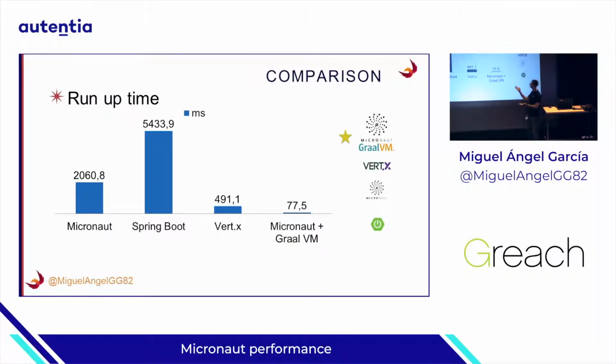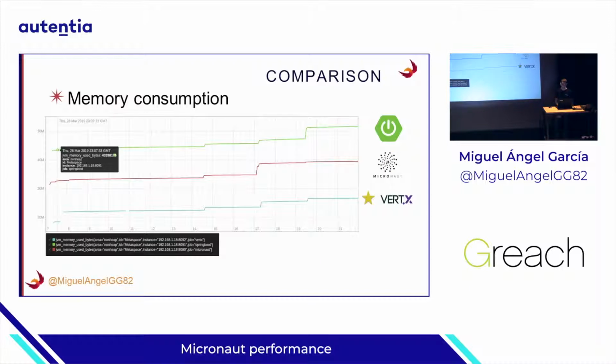And as you can see, talking about run-up time, Micronaut plus Graal is the best option. This has been taken over 100 startups, so this is the average time. As I said before, Micronaut and GraalVM have the best results.